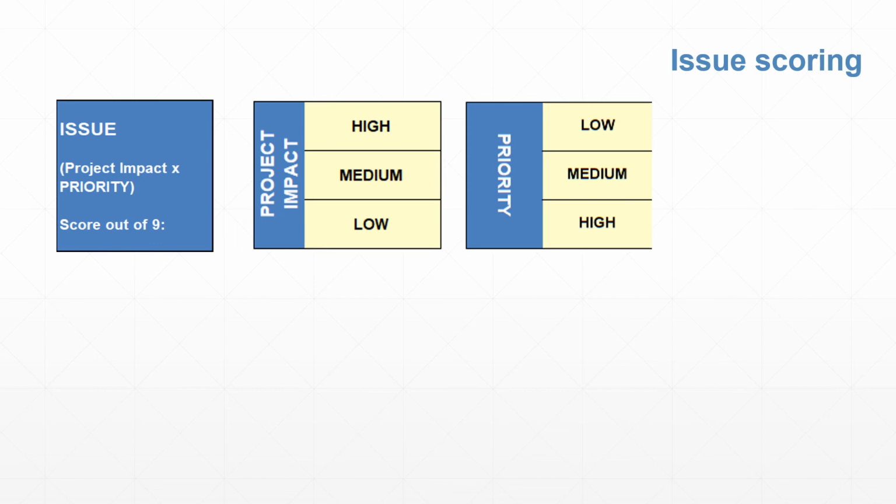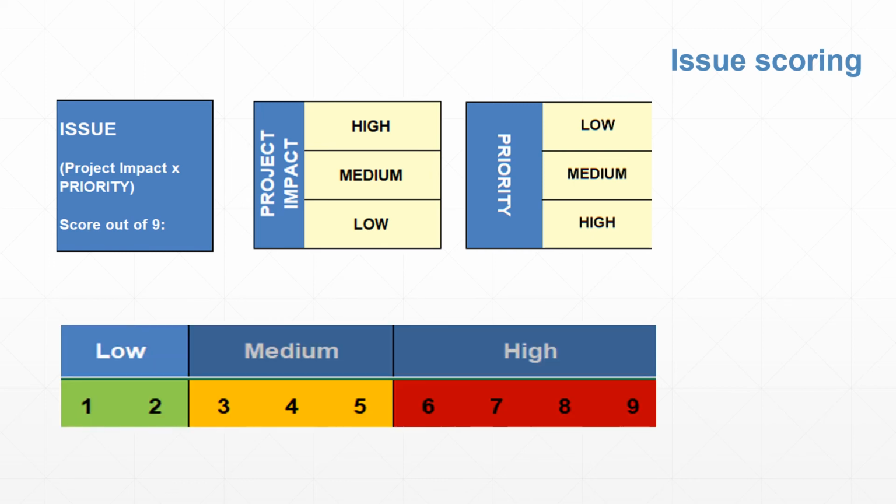Now, remember what I said about numbers, because your high may be different from somebody else's high, and there could be all sorts of bones of contention. So it is very useful to have a scoring definition. What does low mean? Low is between 1 and 2, medium is between 3, 4, and 5, and high is 6, 7, 8, 9.